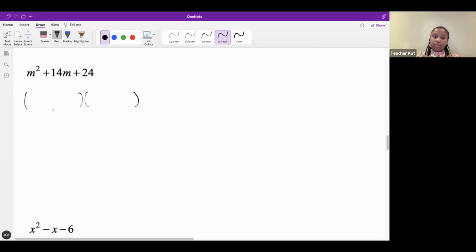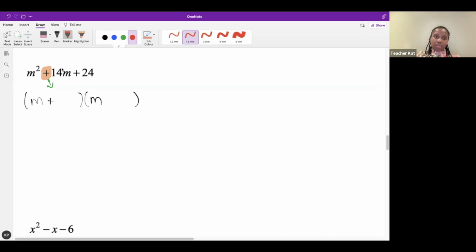M and M. Great. First symbol is a positive. So then my first bracket will have a positive.